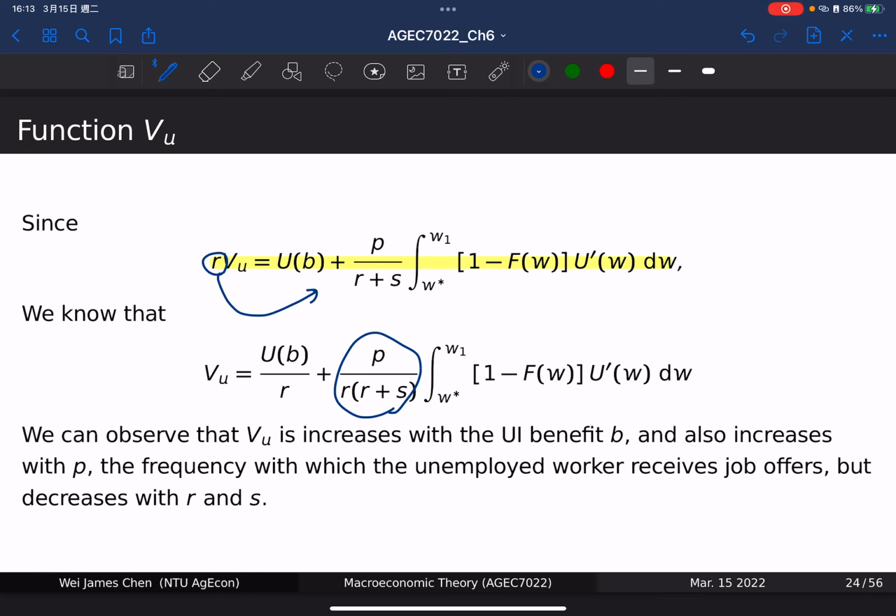If b is higher, the only thing that changes here is that this is going to be higher, so VU is going to be higher. It also increases with p: when the probability of getting a job offer is higher, VU is going to be higher. And it is decreasing with r and s, because r only appears here, so if r is higher the whole thing is going to be decreased. Same thing with s.